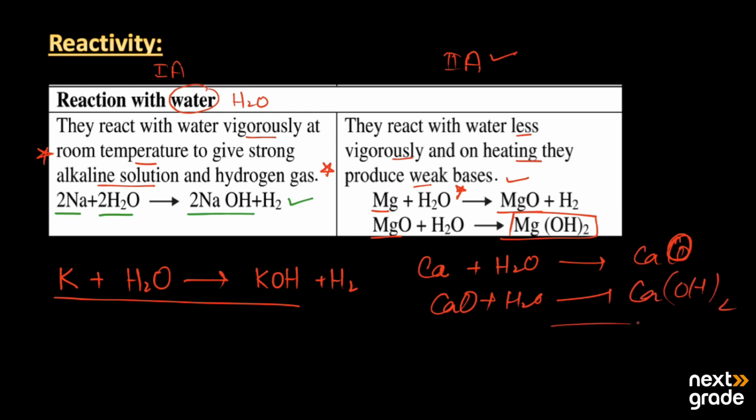So this is the simple way of the reaction of calcium and magnesium with water. On the basis of reactivity with water, the alkaline earth metals are less reactive and the alkali metals are more reactive.